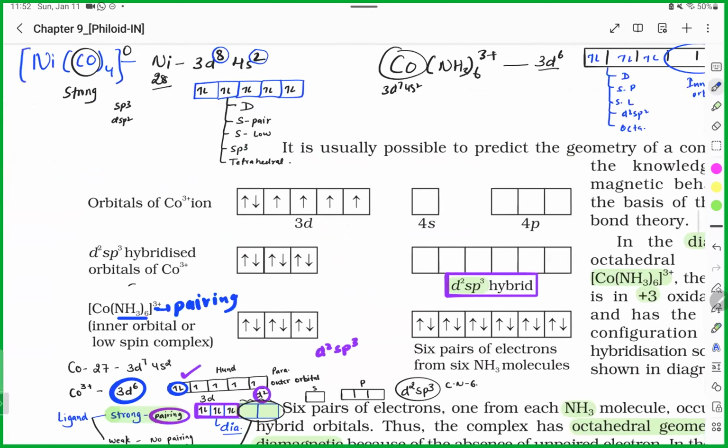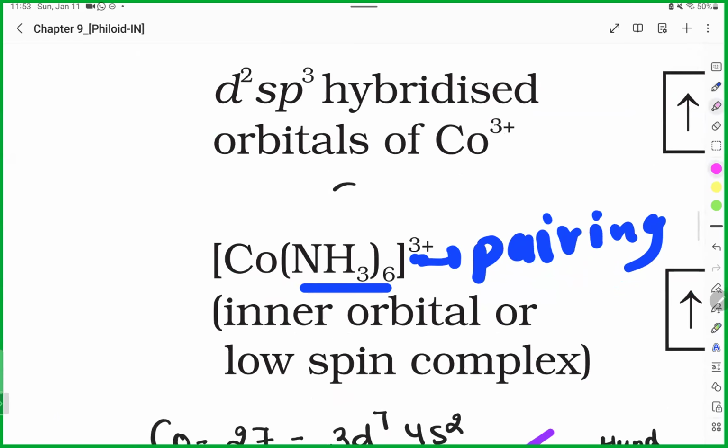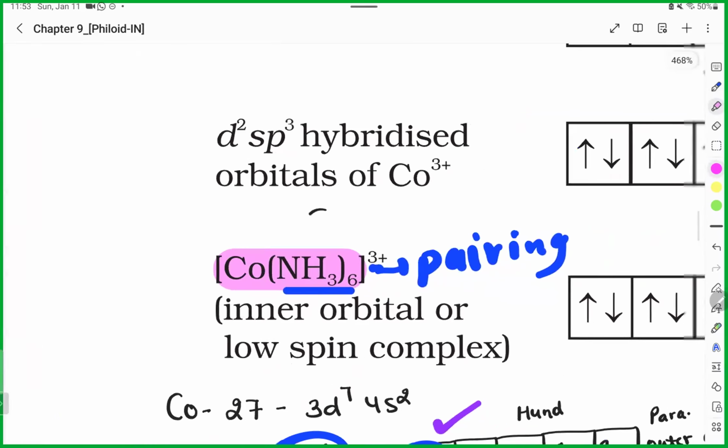Example, you will get this compound. If cobalt with 6 ammonia is given, you have to tell how this compound will react, what will be the geometry.